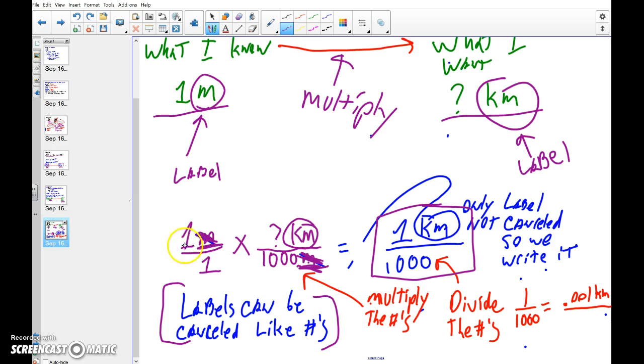And so then I write my numbers. 1 times something I don't know is 1. 1 times 1,000 is 1,000. So see here, I multiply the numbers. And then 1 divided by 1,000 equals 0.001. And since kilometers is the only label I have left, kilometers is what goes there.